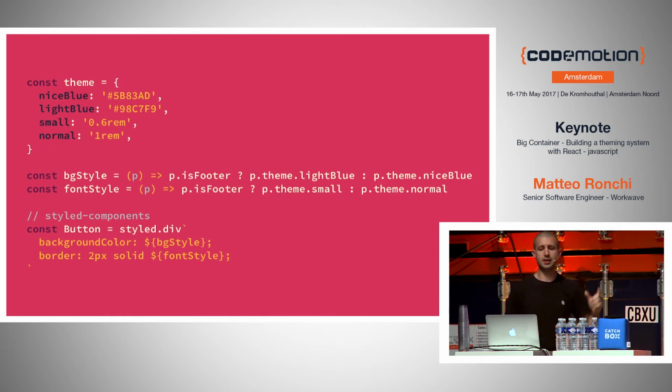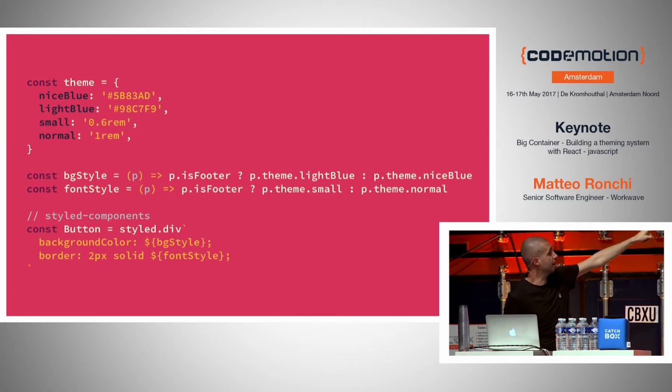So we define a simple theme object. This is a plain JavaScript object. And two arrow functions that dynamically, based on the component properties, choose what kind of information from the theme to use.